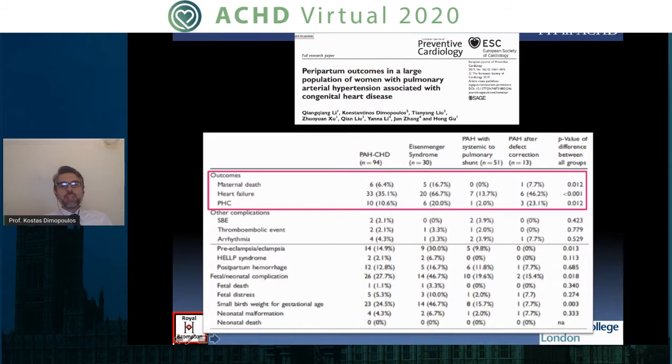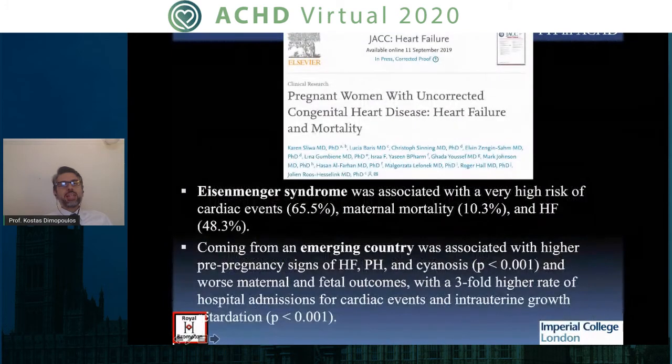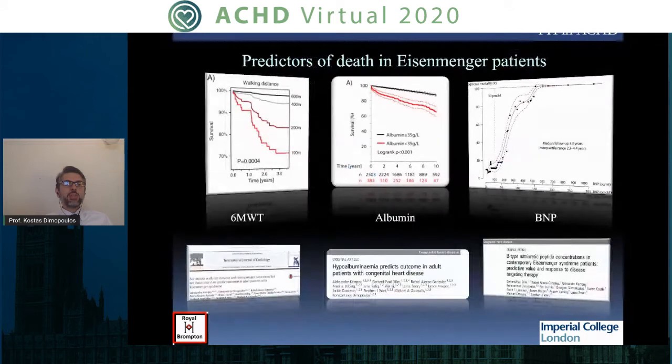But look at the heart failure and other complications, a very high incidence of complications, so a very high risk group for pregnancy and delivery. And this is supported also by other studies, multi-center studies, where in Eisenmenger syndrome the mortality is 10%, but cardiac events 65%, and also emerging countries had a higher risk of complications. So pregnancy is still contraindicated in these patients.